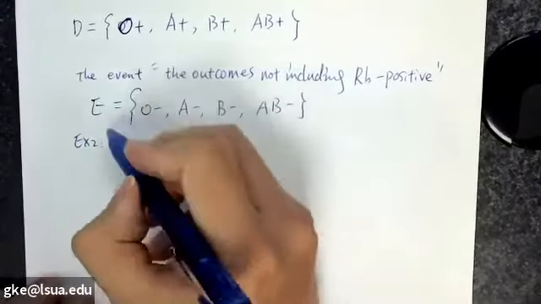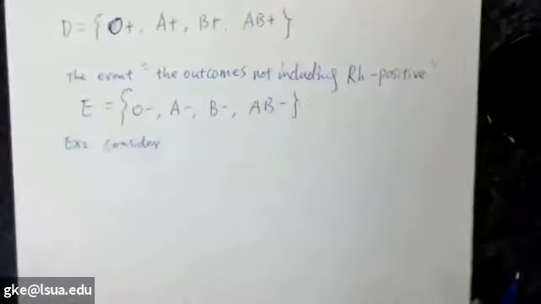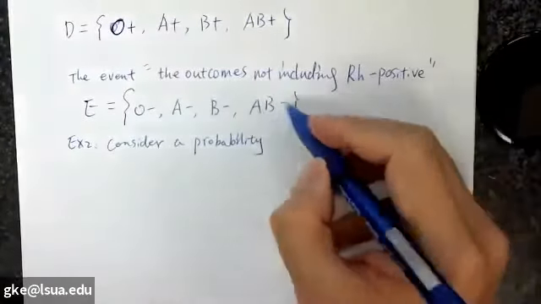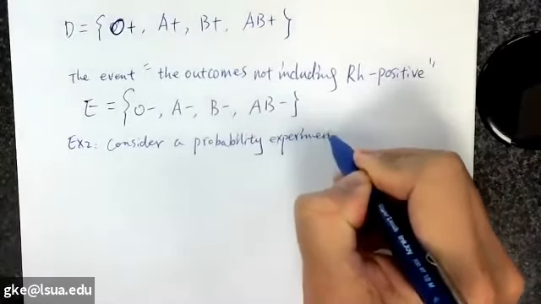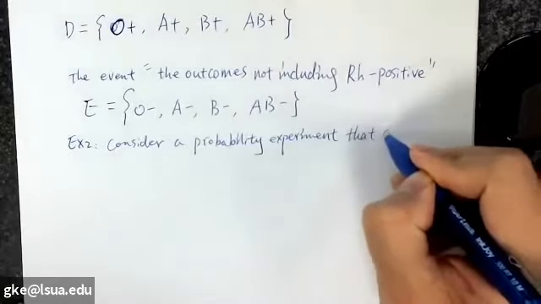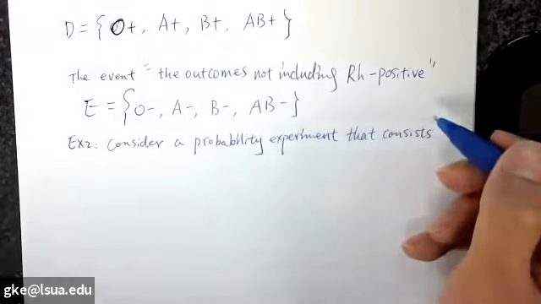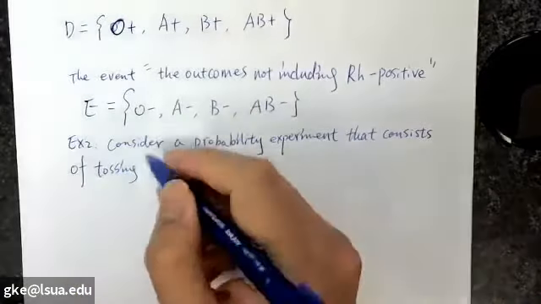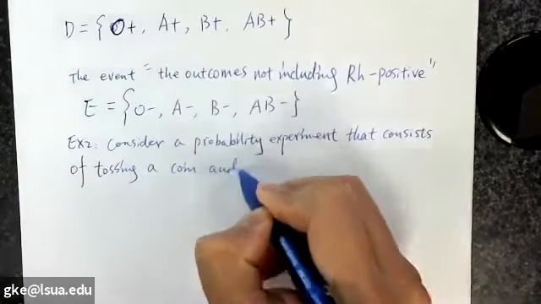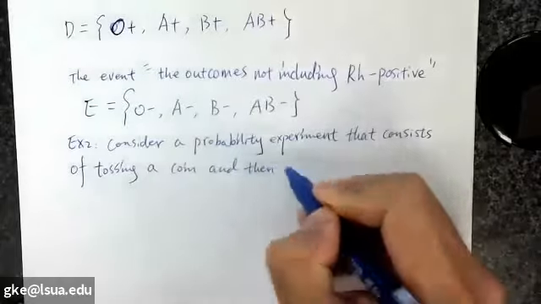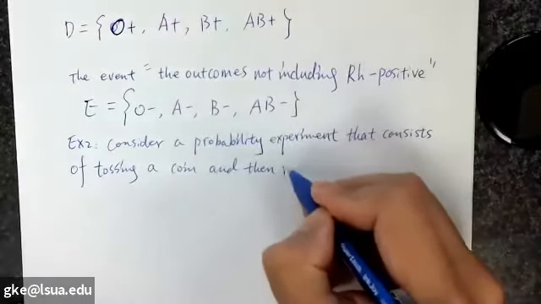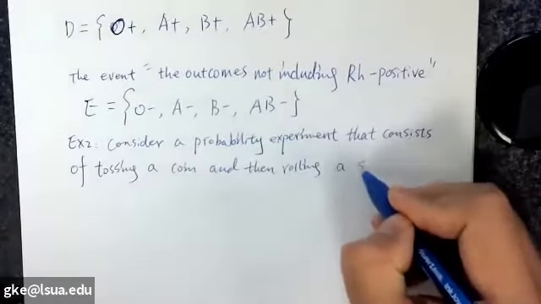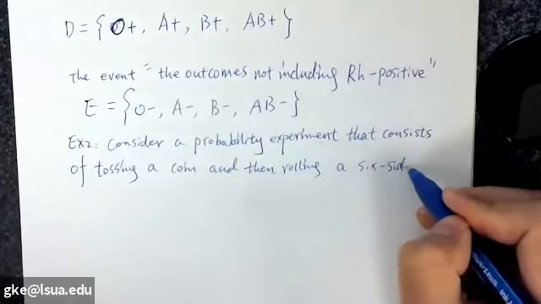Consider a probability experiment that consists of tossing a coin and then rolling a six-sided die.